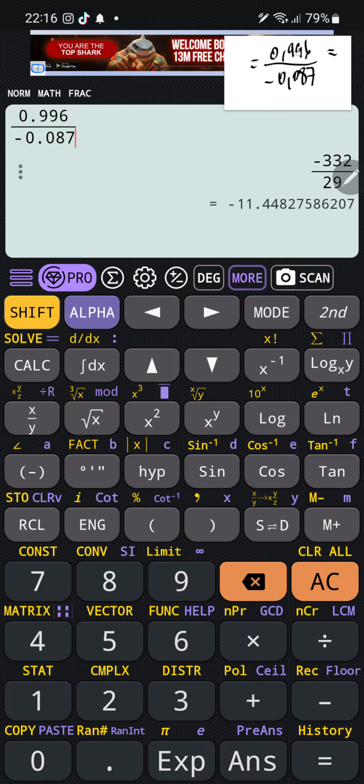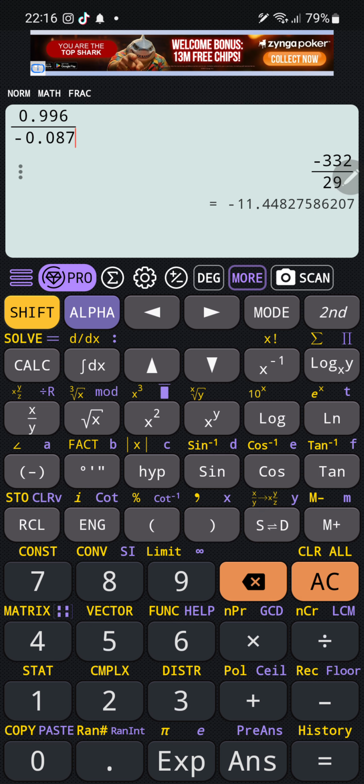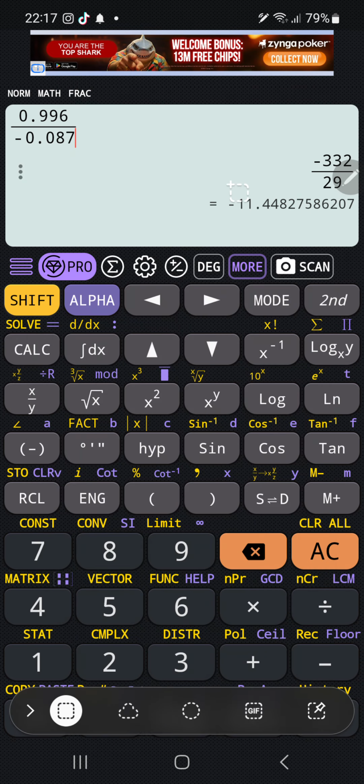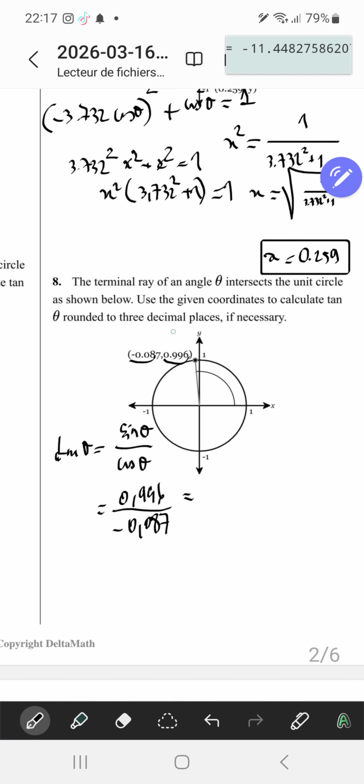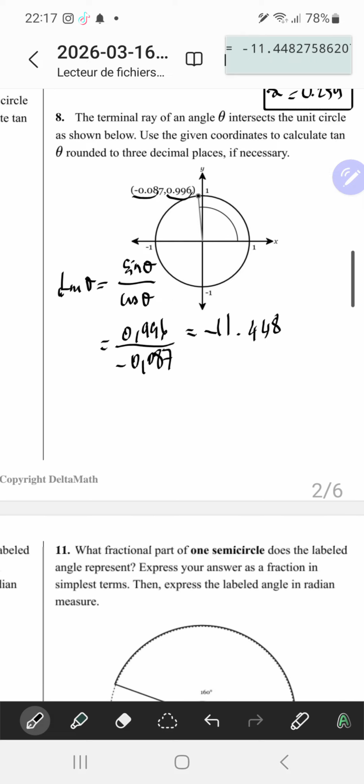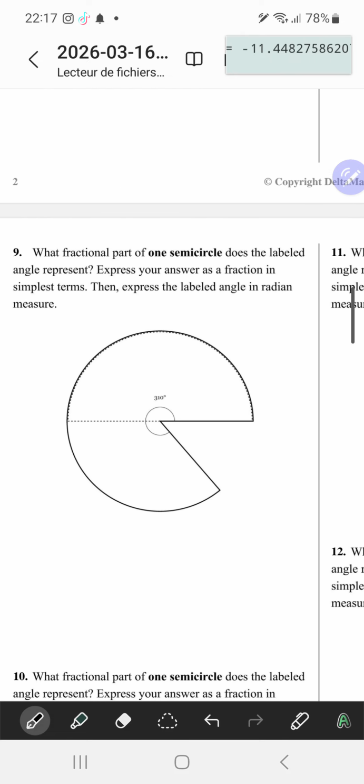What they want here, they want maybe to stop at the nearest something. So we will check what they want. Rounded to three decimals. So another time 3 decimals, which we will stop at 8. It's minus 11.448.